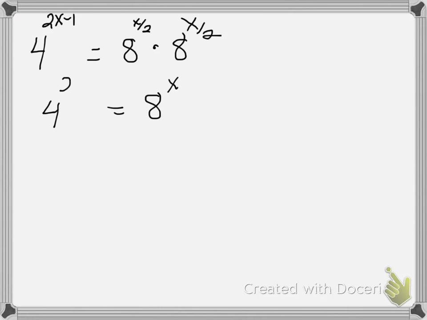4 raised to the 2x minus 1 power equals 8 raised to the x over 2 power times 8 raised to the x over 2 power. Well, on this side I get 8 to the x power when I do that multiplication, and over here I get 4 to the 2x minus 1.